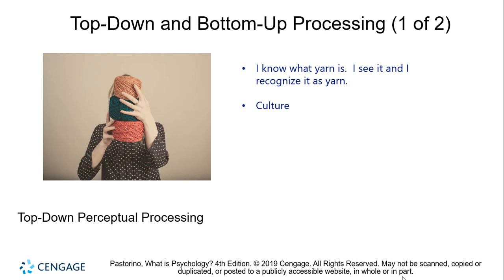Now, culture plays an important part of this because if you don't know what something is, well, then you can't figure it out through top down processing, right? Top down processing is important so that you don't have to relearn everything. Imagine if you knew what a chair was, but then you saw a couch and you would go, oh, what is this for?